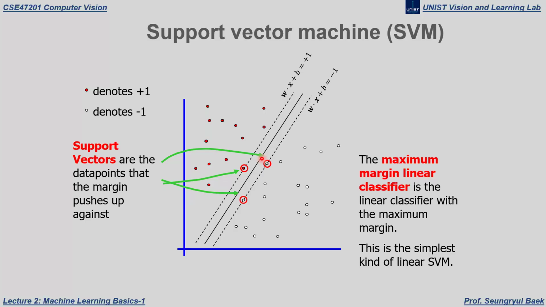So that's why the support vector machine works better than others and was one of the state-of-the-art algorithms right before deep learning. Are you guys following this?